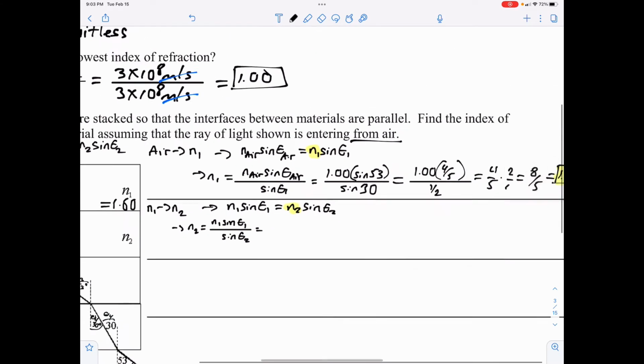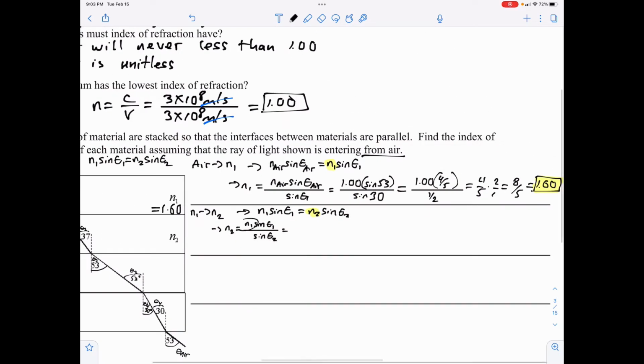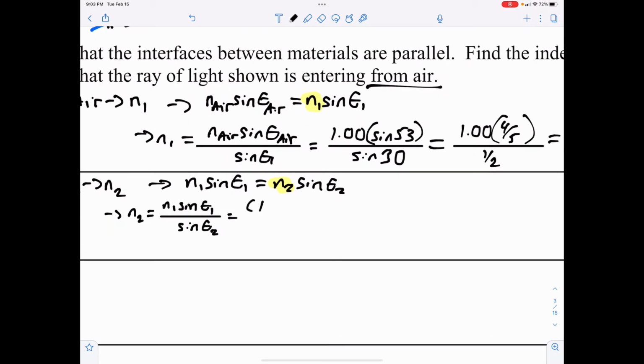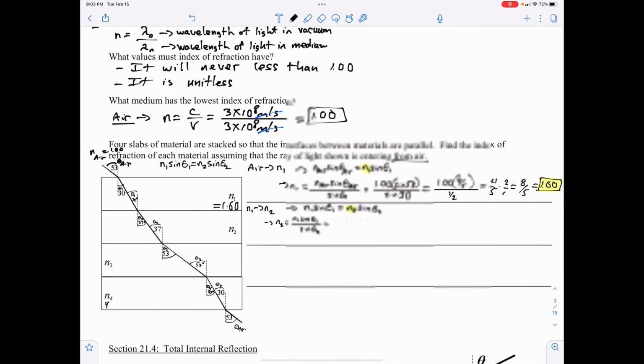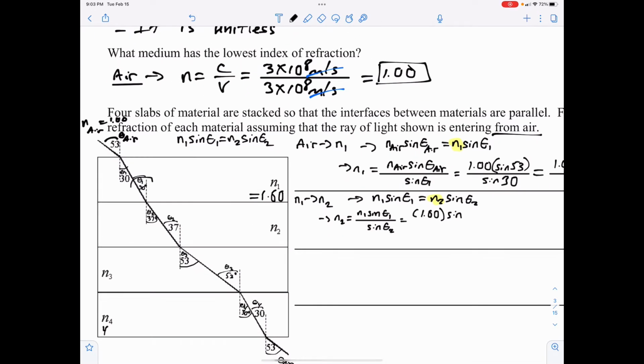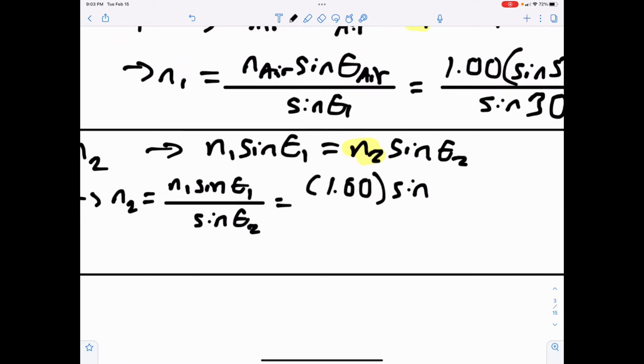Well, N1, if you remember, N1 was 1.6, so we're going to substitute that. 1.6 times the sine of 30 degrees all over the sine of 37, since we're going from 30 to 37.